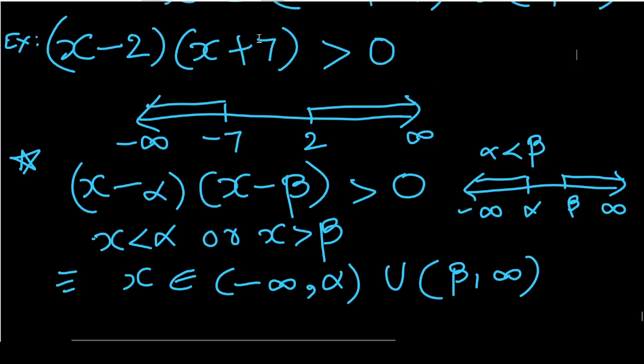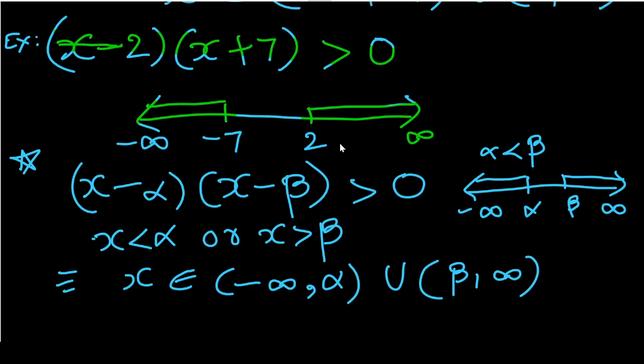so in this example, guys, x minus 2 times x plus 7 greater than 0, what we obtained was lesser than minus 7 and greater than 2.